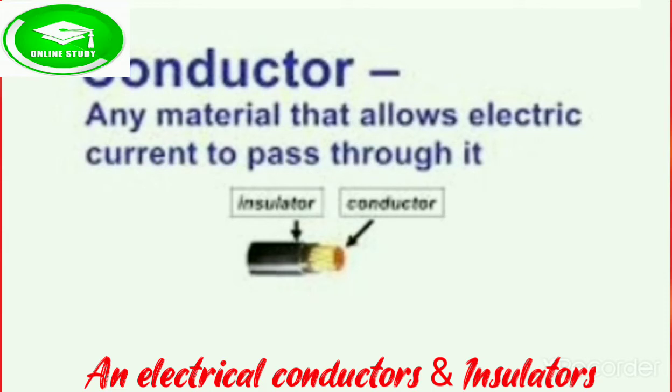Conductors are any material that allows electric current to pass through it. All the materials which allow current to pass through them we call conductors. For example, aluminium, copper, brass, iron, silver, gold, etc. are all examples of conductors.